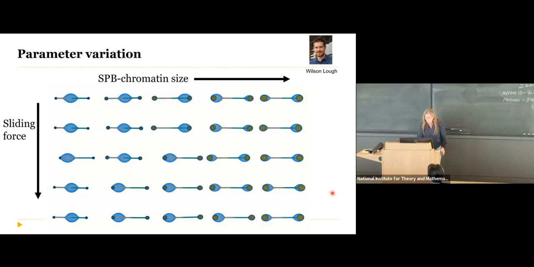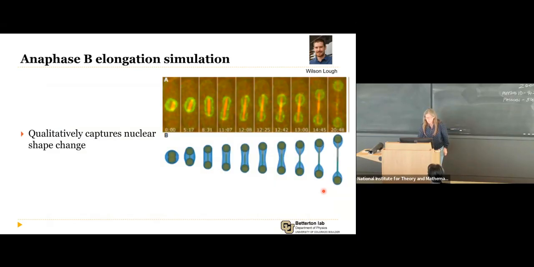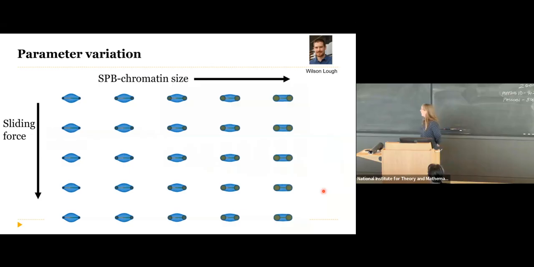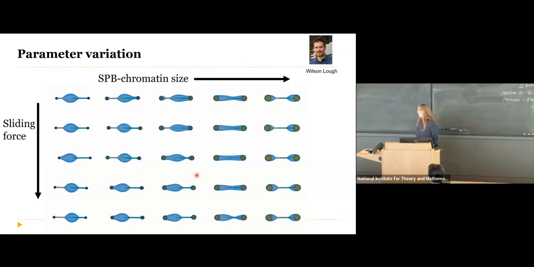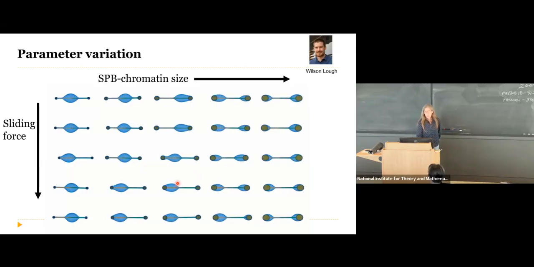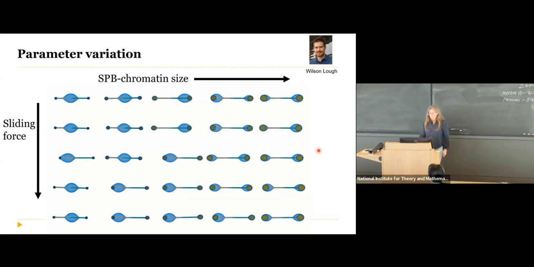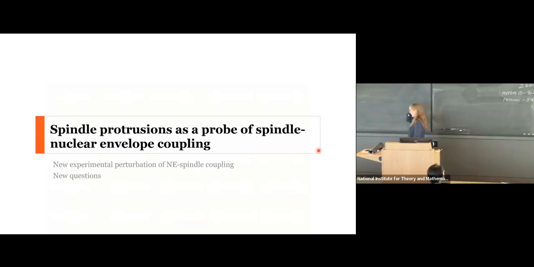Let me go back and show that again so people can see. In some cases, like in the middle here, the elongation initially looks fairly symmetric, but there can be transitions where most of the nuclear volume winds up on one side and the other is smaller. Again, we're just in the process of developing this.